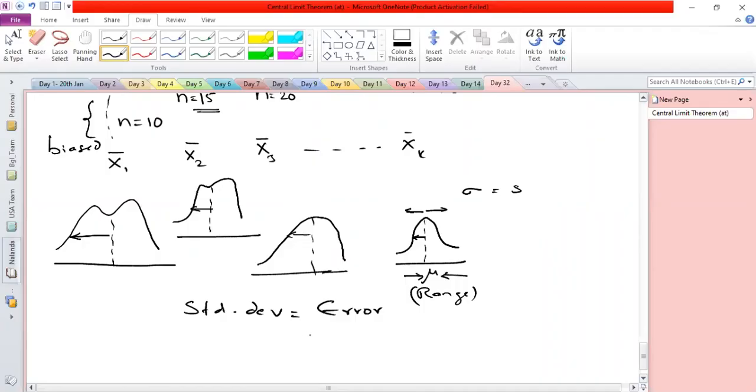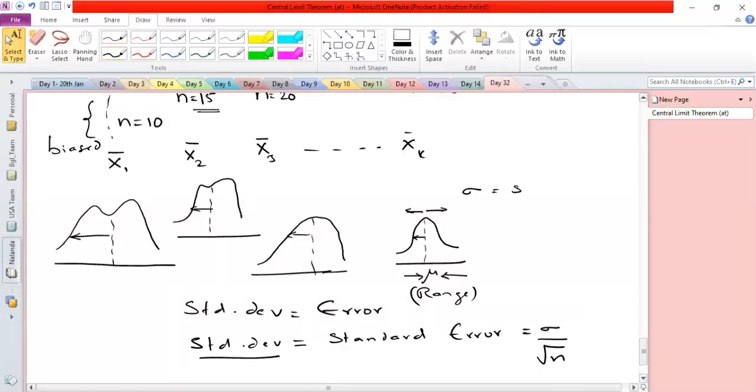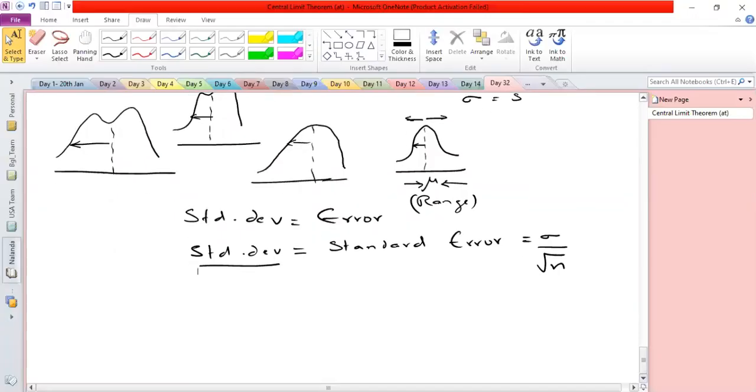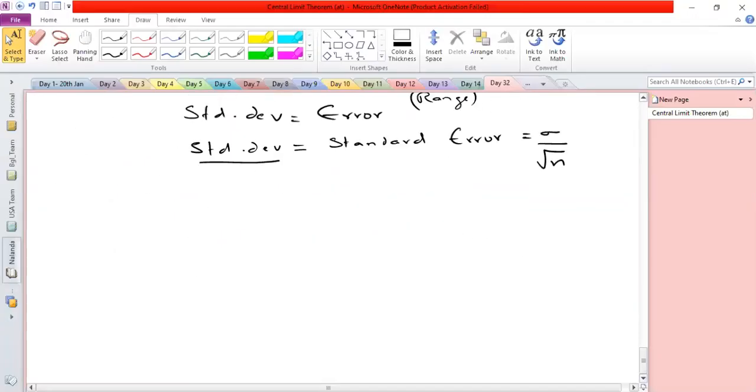Hence, standard deviation is called the standard error, which is nothing but sigma by square root of n. So the second condition is talking about standard deviation. Why should we talk about standard deviation? Because it is actually telling you what the error is. Depending upon the standard deviation, you can talk about how much error you are committing.